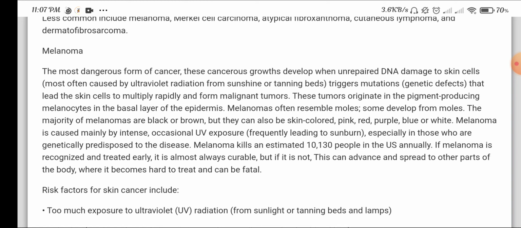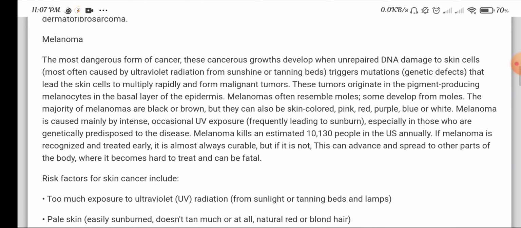Melanoma is caused mainly by intense occasional UV exposure, frequently leading to sunburn, especially in those who are genetically predisposed to the disease. Melanoma kills an estimated 10,130 people in the USA annually.